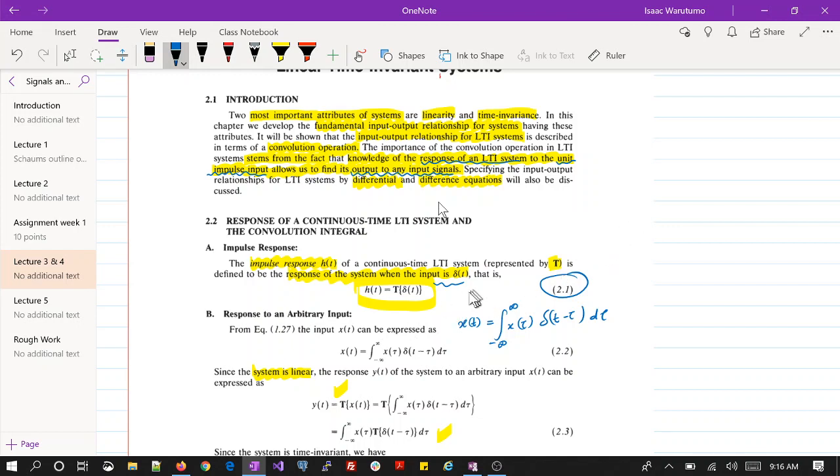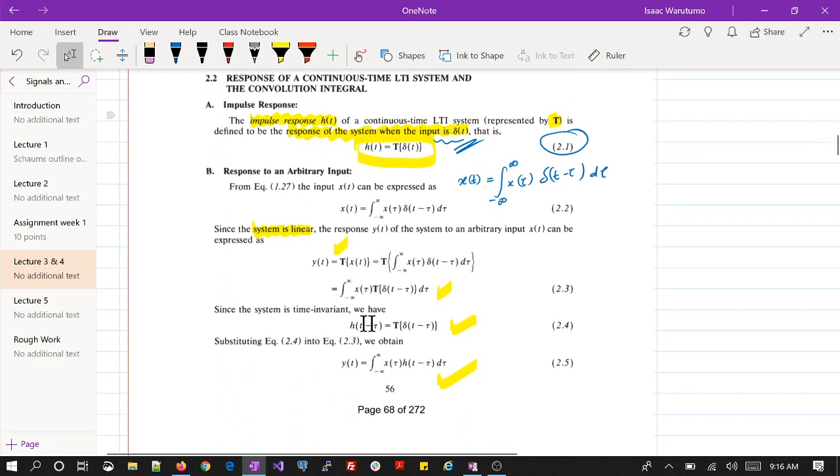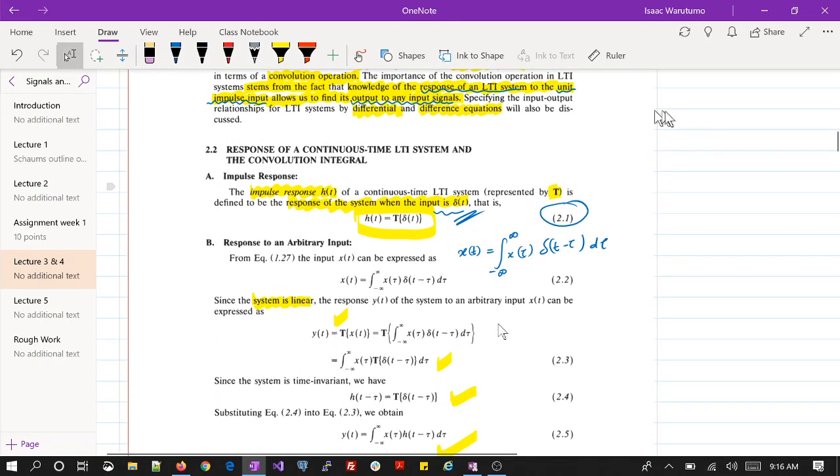So we can always write the response in terms of how the system treats a unit impulse, and that is the one we define as the impulse response h of t.